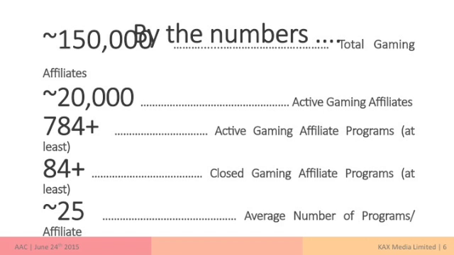In our database, there's another 84 which have been shuttered and are no longer online. So at this point, any affiliates that had accounts with those affiliate programs now don't have access to any of their stats in that platform. And according to our experience, the average affiliate has about 25 accounts with different affiliate programs.